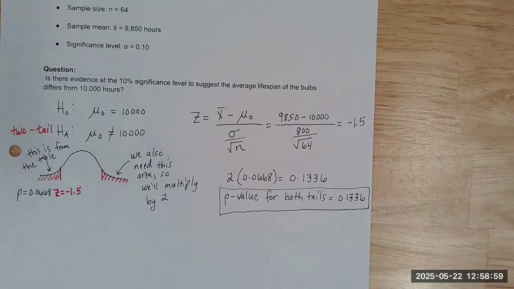And we got 0.13. So you could think of that one as a 0.10 and this one as a 0.13. This one's bigger. Darn it. So we don't get to say something interesting. Our p-value is bigger than our significance level. So we have to fail to reject the null hypothesis. Very good.